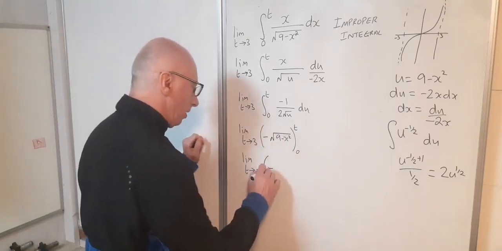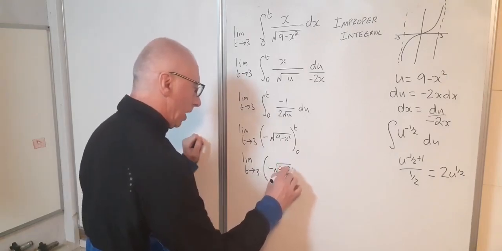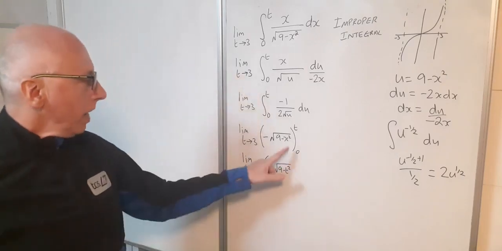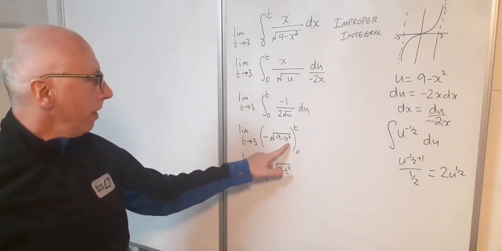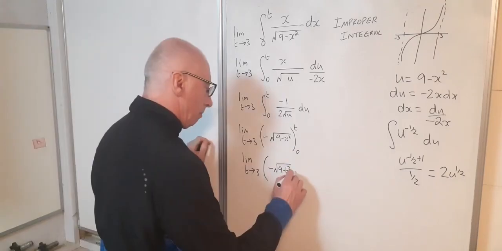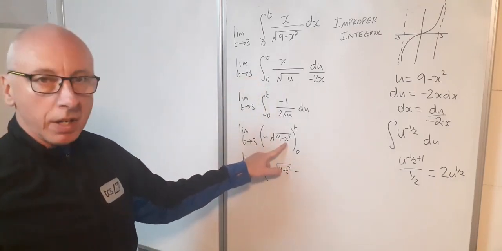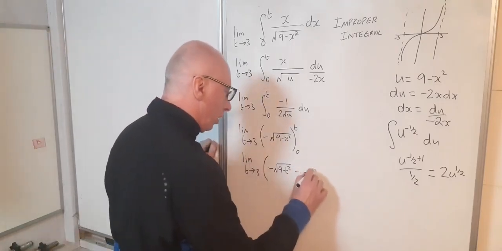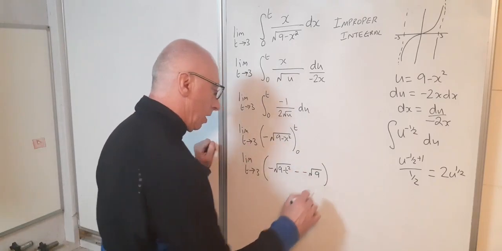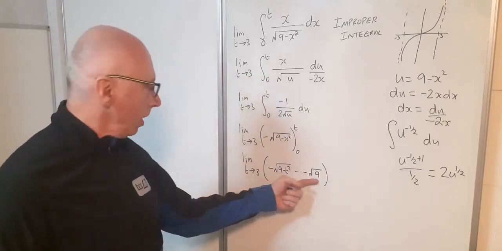So we've got minus square root of 9 minus t squared. And then when x is 0, plug in a 0 into there. So then we've got minus 9 minus 0 is just going to be 9. So we've got square root of 9. So minus the square root of 9. And then we could just tidy this up a little bit. That's just going to be 3.